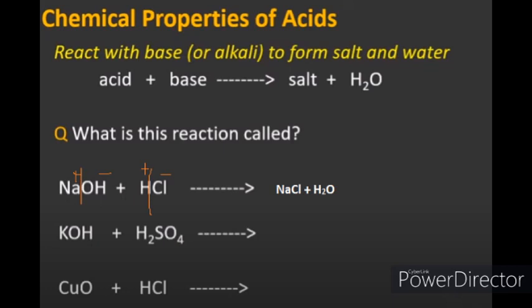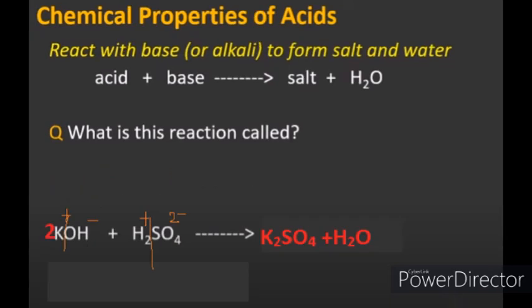Sodium hydroxide breaks into sodium and hydroxide ions, and HCl breaks into H positive and Cl negative ions. Again double displacement will take place. So chlorine ions will move towards sodium and OH negative ions will move towards hydrogen. So it will form sodium chloride and water.